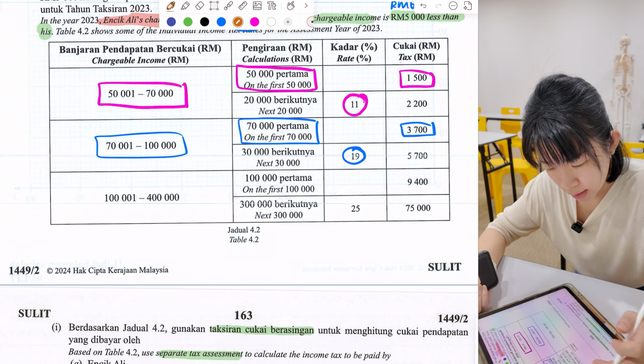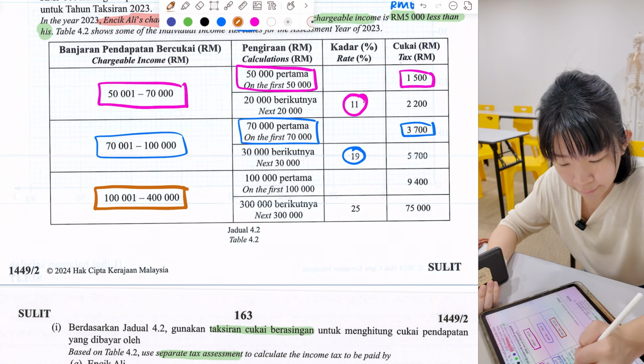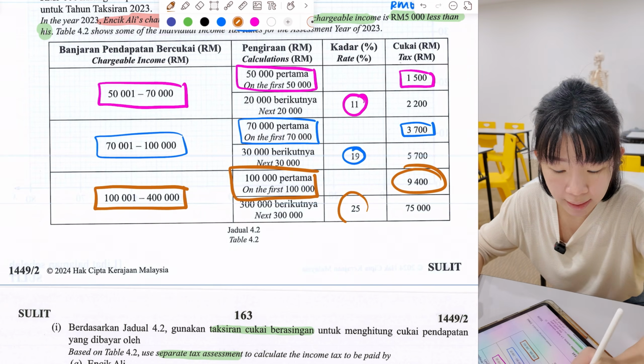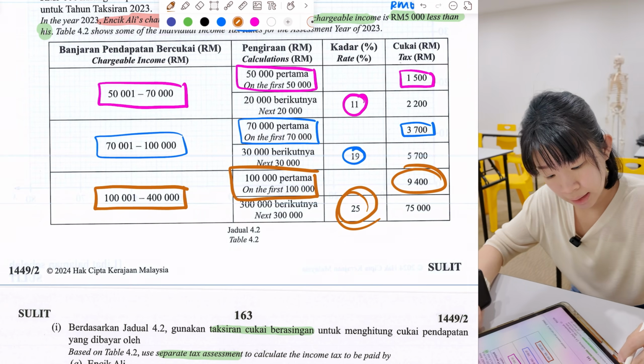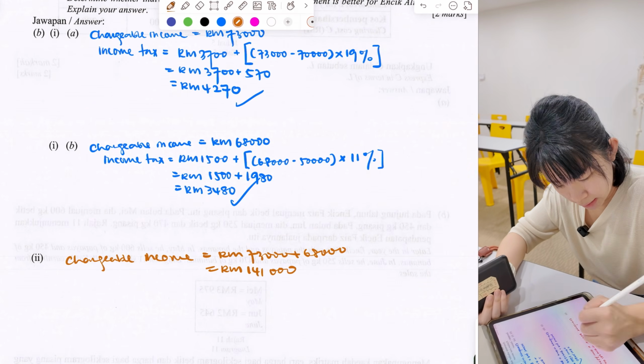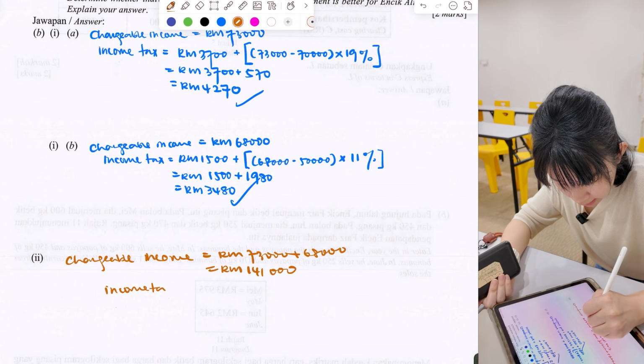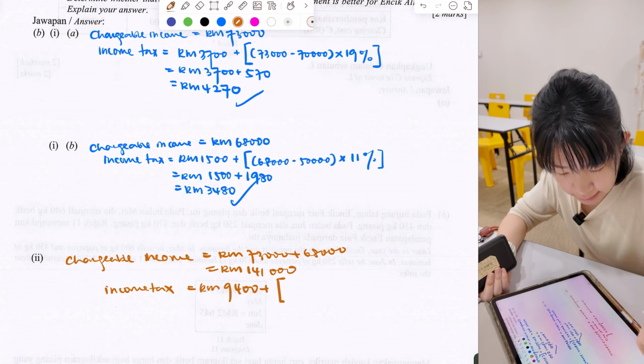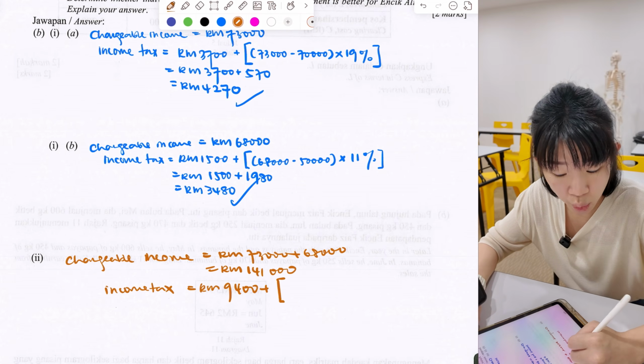If it's 141,000, how much is the rate? Okay, check the table. It is in the last category here. The first 100,000 has to pay 9,400, then the remaining is 25%. So income tax, definitely have to pay 9,400 plus. This 9,400 is for the first 100,000.